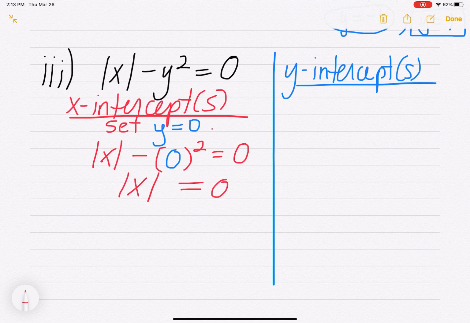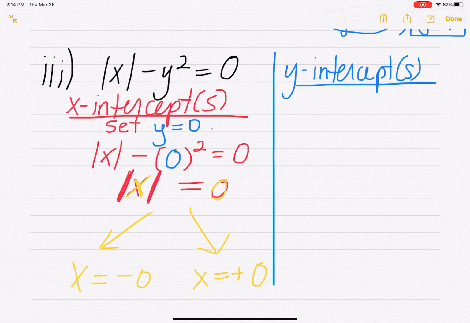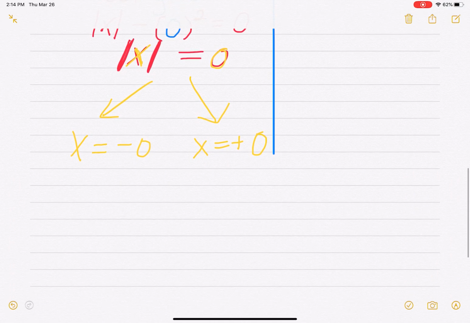Now, anytime you get an absolute value equation, what's inside of the absolute value bars, which is x, is what's left inside of the bars. You're going to set x equal to minus the right-hand side and set x equal to plus the right-hand side. So x is equal to negative 0, x is equal to positive 0. But in reality, negative 0 and positive 0 are the exact same thing.